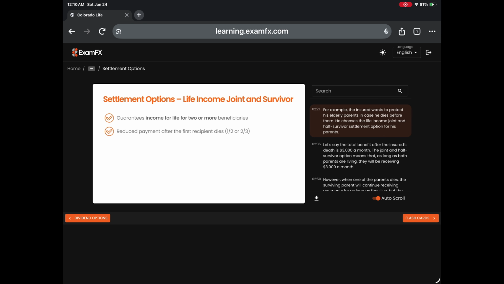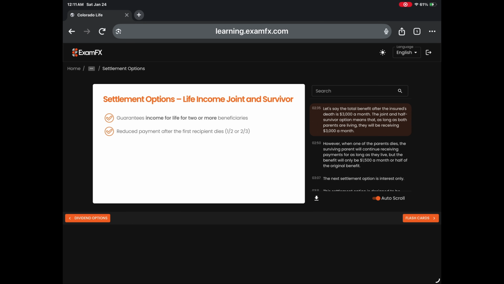For example, the insured wants to protect his elderly parents in case he dies before them. He chooses the life income joint and half survivor settlement option for his parents. Let's say the total benefit after the insured's death is $3,000 a month.